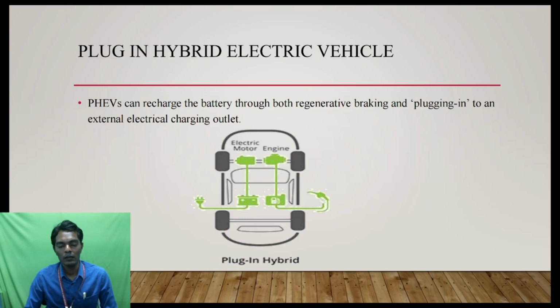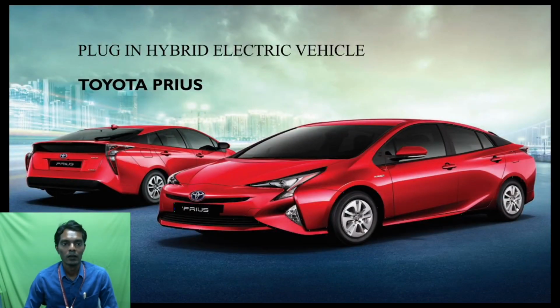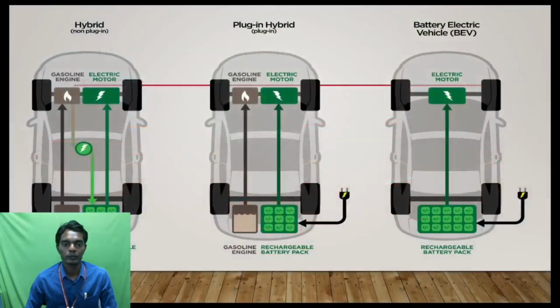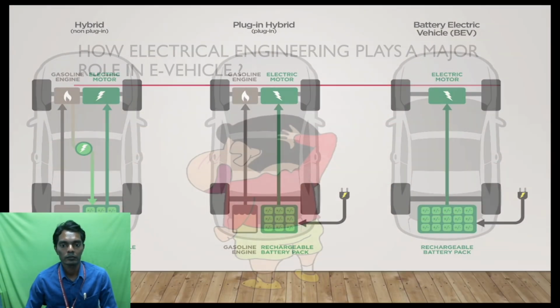Here the battery can be the main source, and it can also be a secondary source to harvest the excessive energy that is produced during braking. These are the Prius. These are the famous products available in the market that come as plug-in hybrid electric vehicles. So these are the main prototypes that we have here.